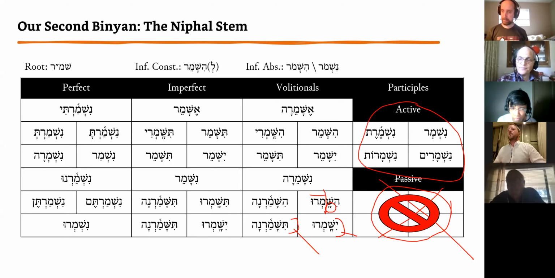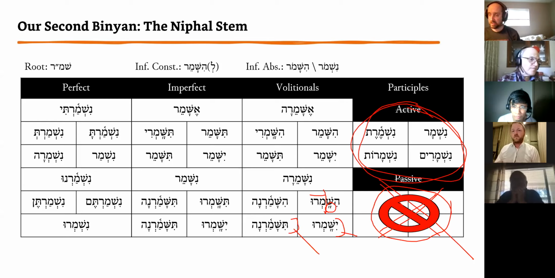Just like we said before, remember that the passive participle is functioning as an adjective. So shamur means reserved or kept. Here, it's also generally functioning as an adjective, even in the active. So nishmar would be something that's being kept, but it's not keeping something because it's not active.